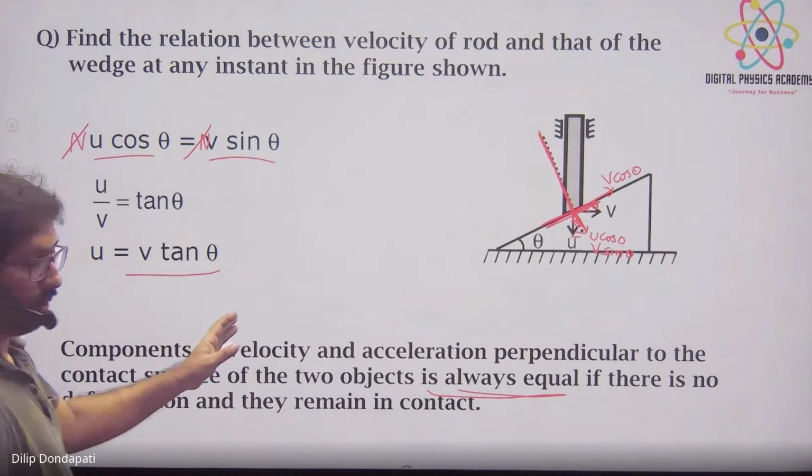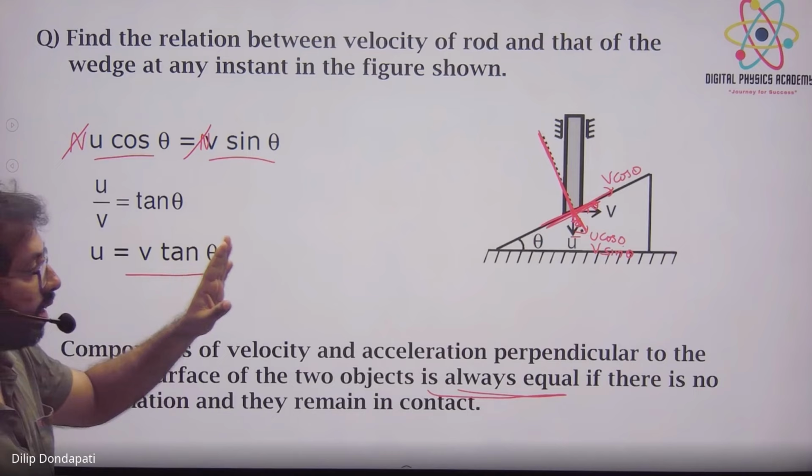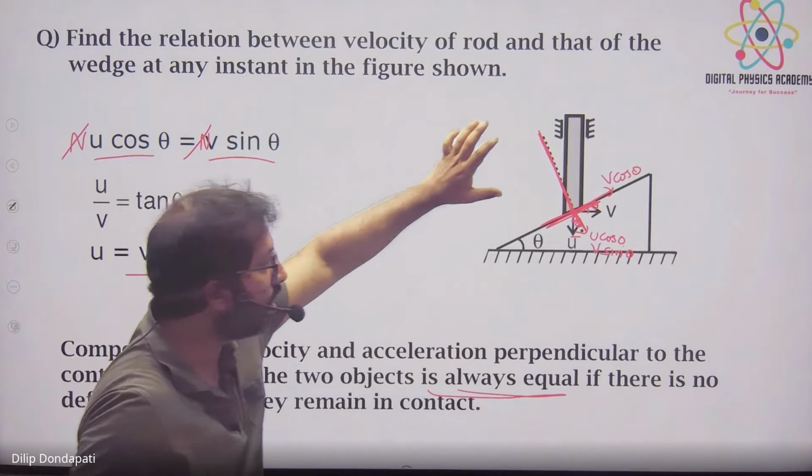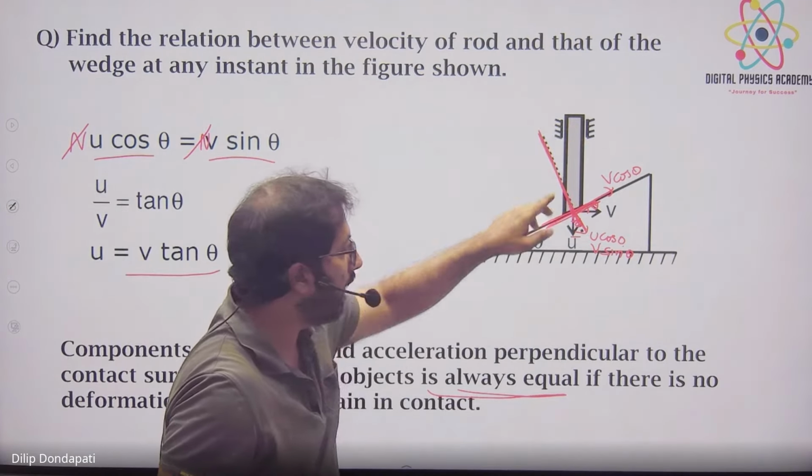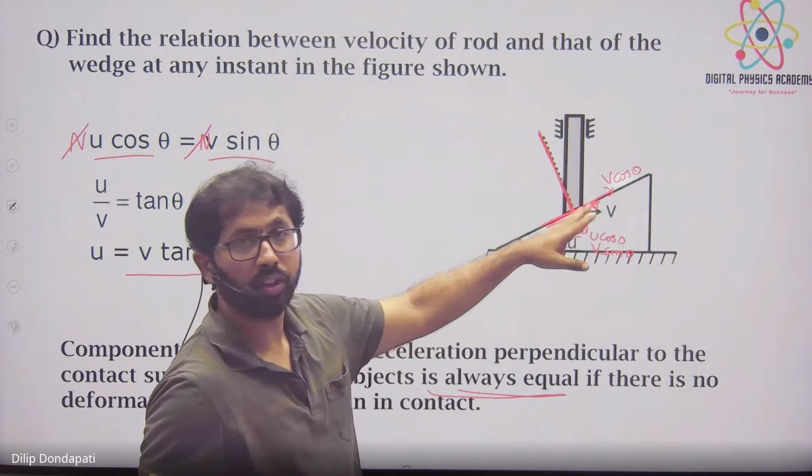Sir, I didn't understand. Tell me, what is the doubt? No sir, I got it. The perpendicular component of the rod's velocity and the perpendicular component of the wedge's velocity should be equal.